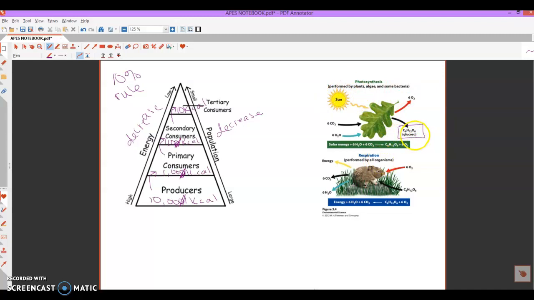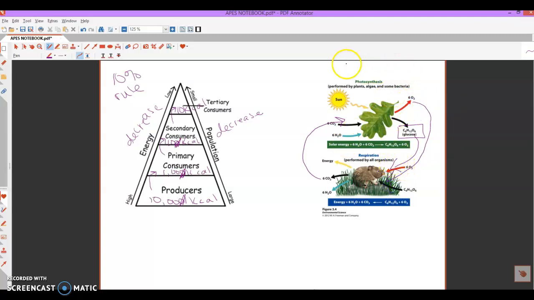As consumers, when we eat plants, we eat that glucose, which gives us energy. We then release carbon dioxide, which, guess what, the plants use. Plants also are going to be releasing oxygen, which we need as well.